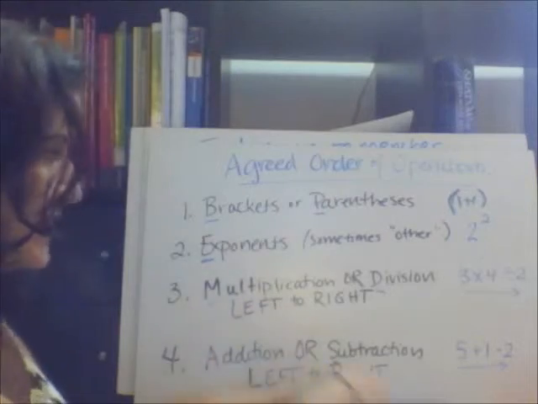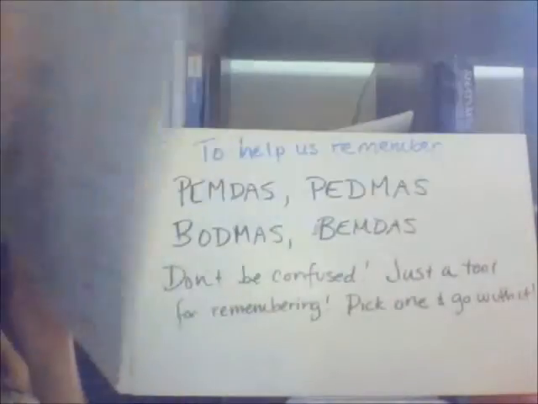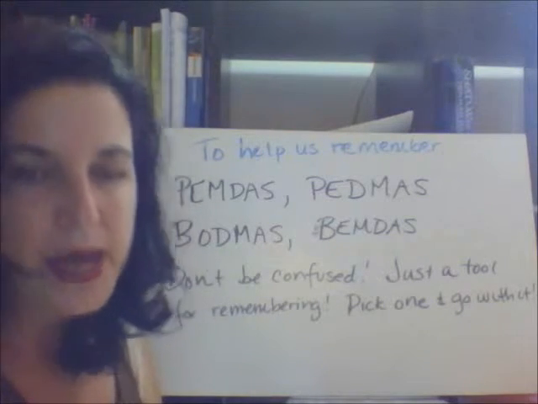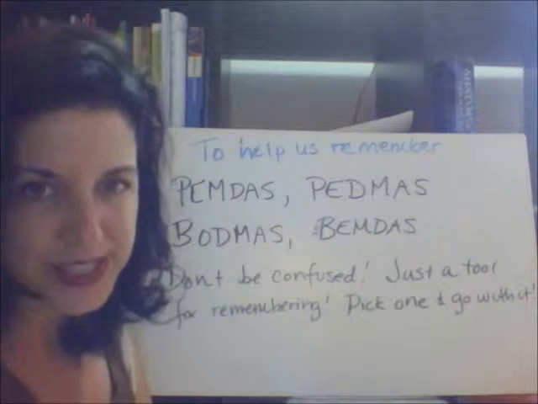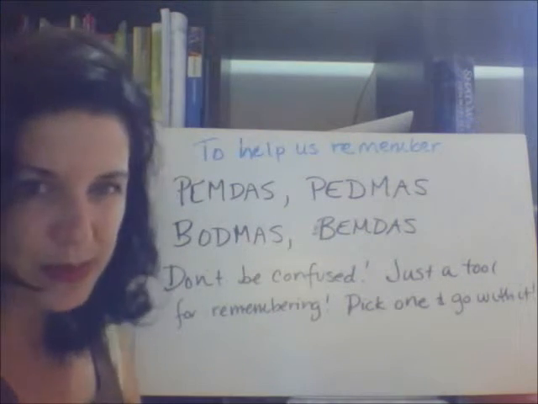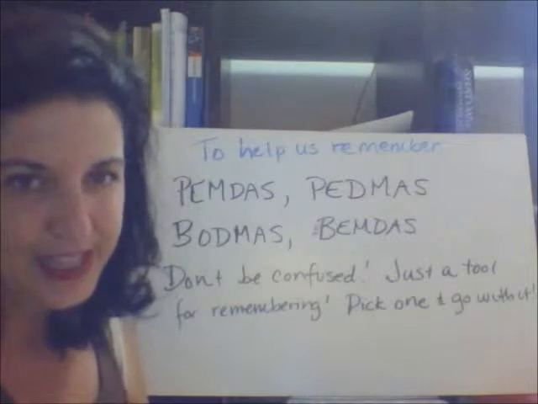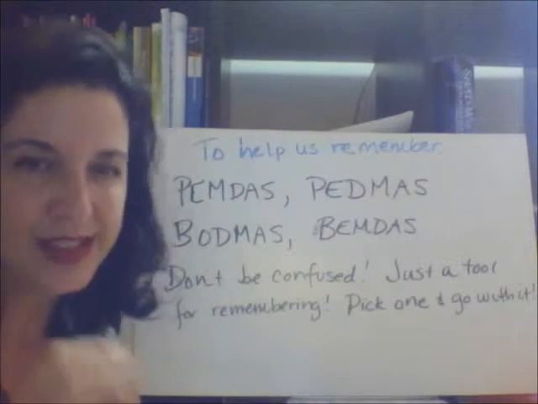My advice is: use them, but don't be confused by them. Pick one that helps you remember, and once you're comfortable with it, stick with it. You don't need to have five. It's just a tool to help you remember.